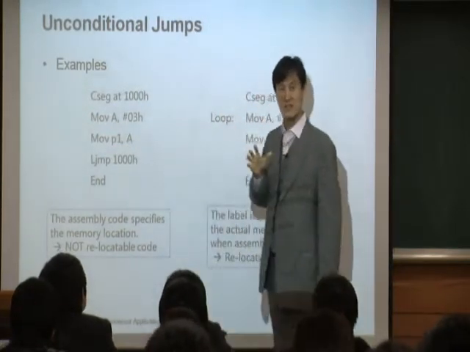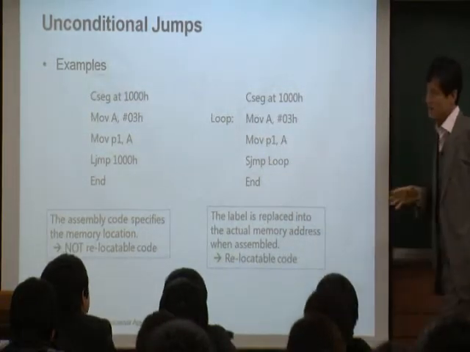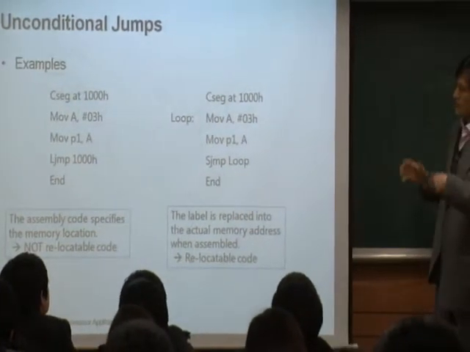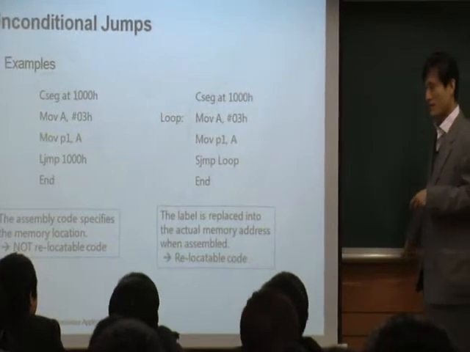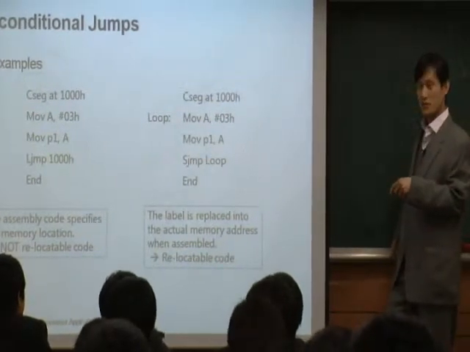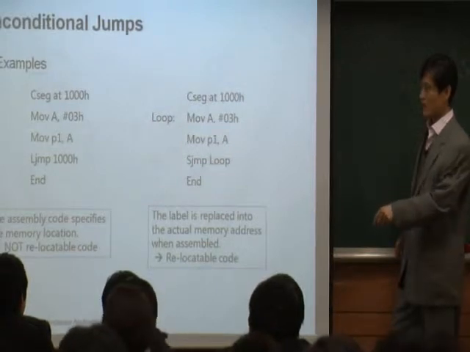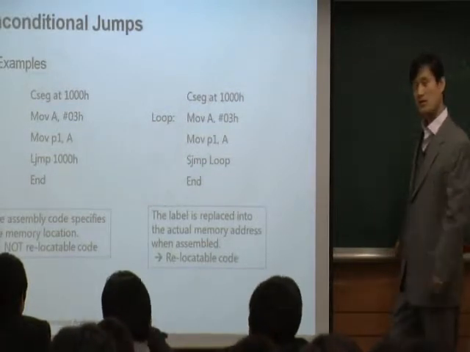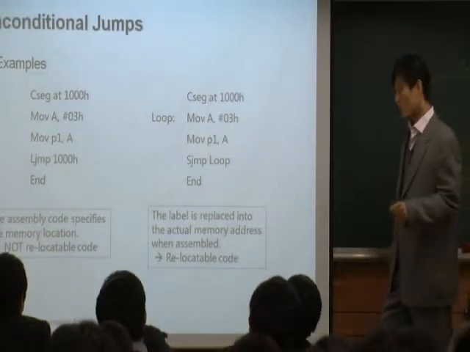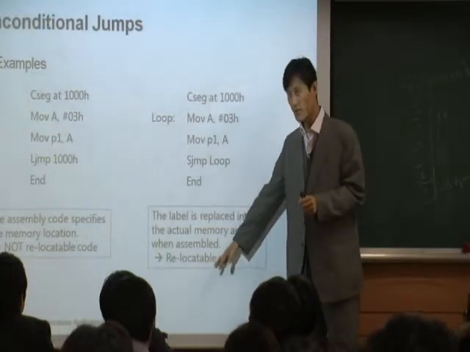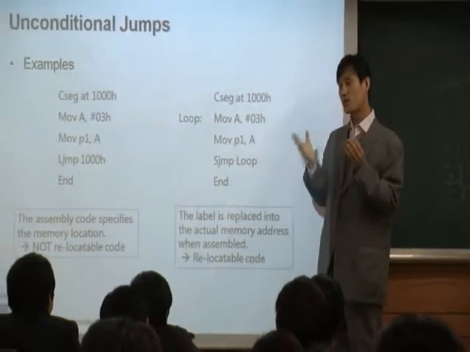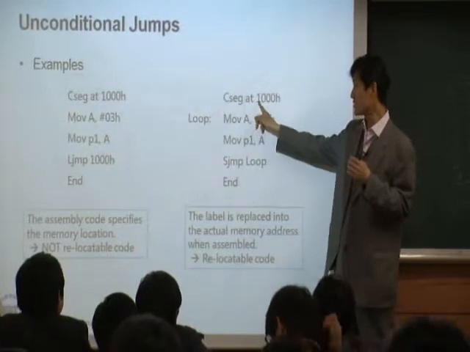So these are identical. However, which one is better code? This one is definitely better code. We typically call this relocatable code. This one is non-relocatable. What does that mean? Relocatable means that, let's say for some reason later I want to change this value.